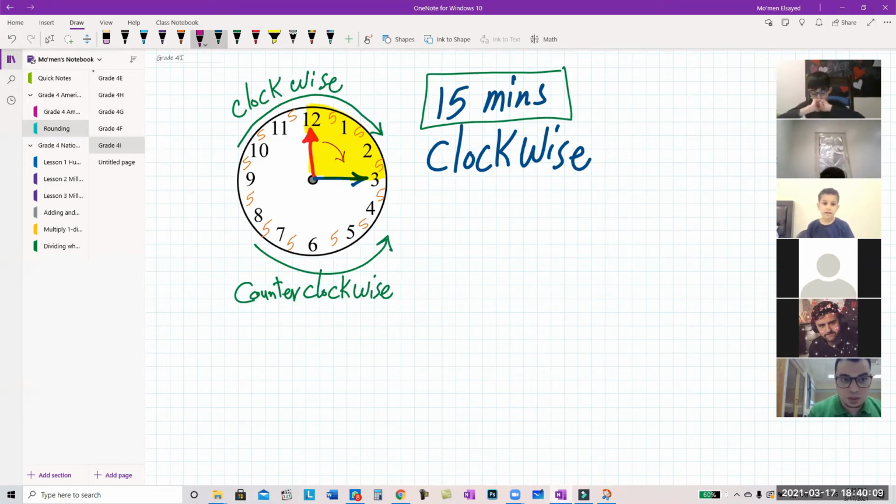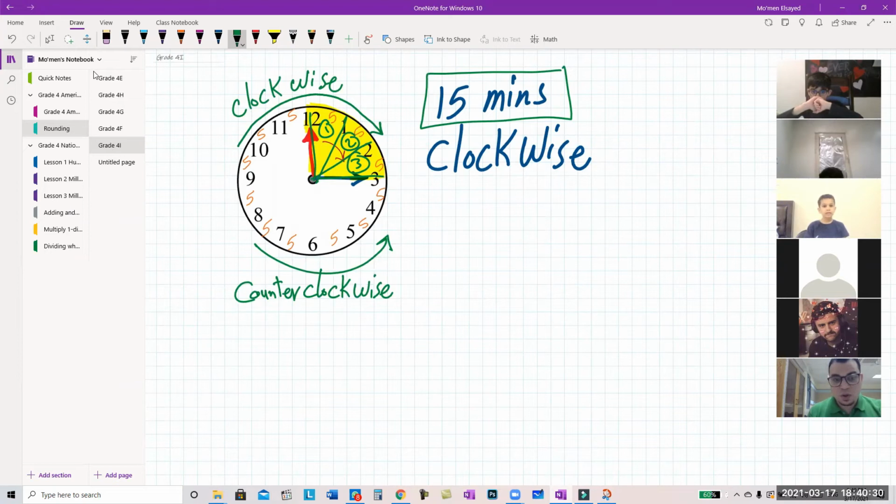So if we divide the circle, we find that we have 3 parts here, 1, 2, 3, right?